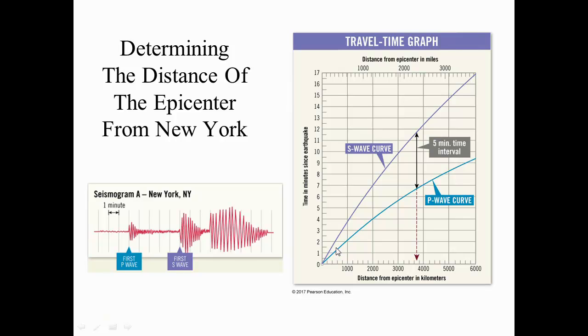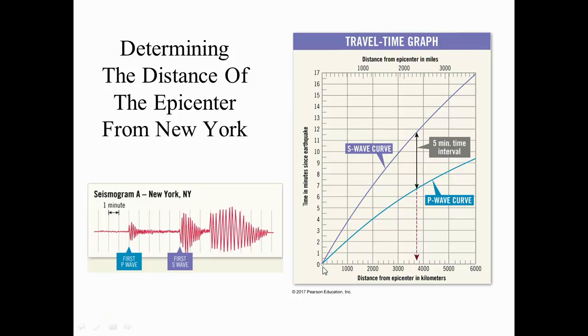Now, the graph to the right is in coordinates of time in minutes on the vertical scale versus distance from the epicenter on the horizontal scale. We have two curves: the travel curve for S waves and the travel curve for P waves.